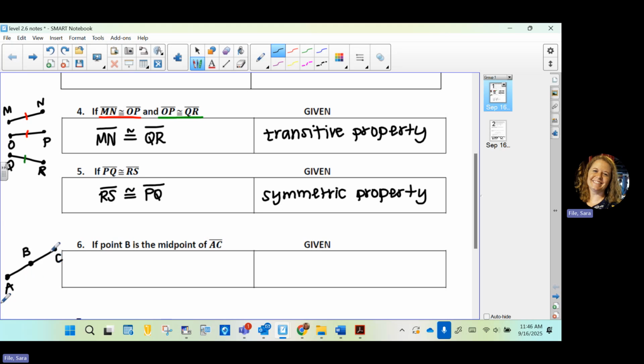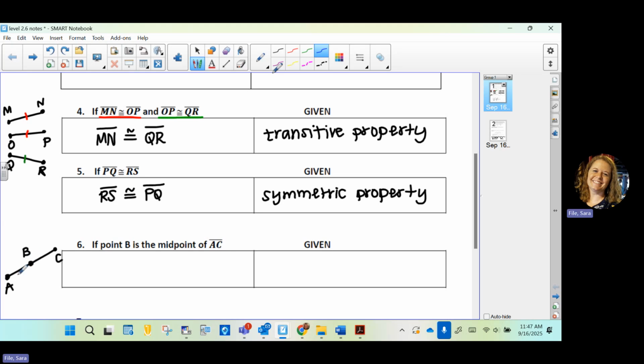Could I tell you anything about these smaller segments that it created? What about the distance from A to B versus B to C? What do we know? If B is the midpoint, is it just anywhere in between A or C? Or is it in the exact center? The exact center. It's in the middle.